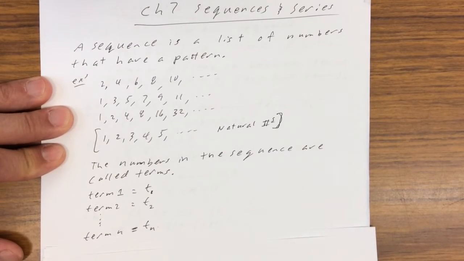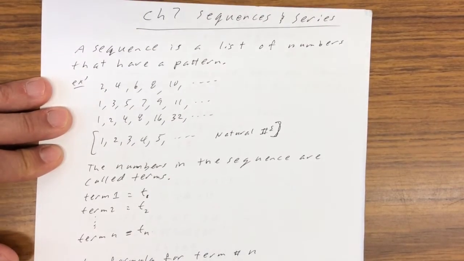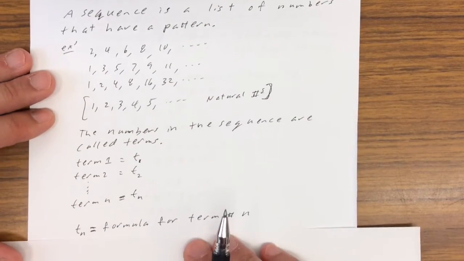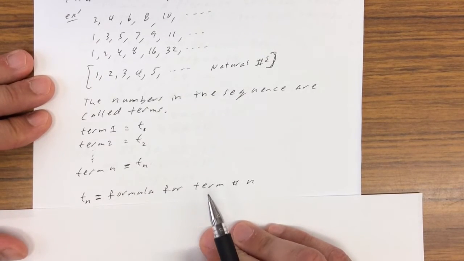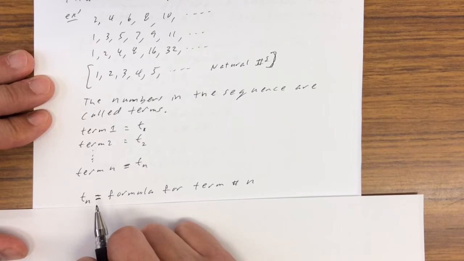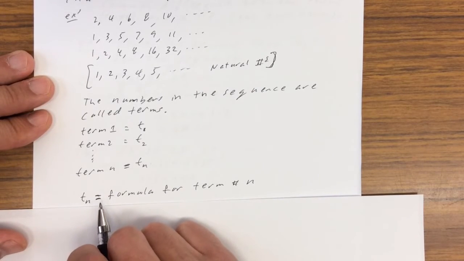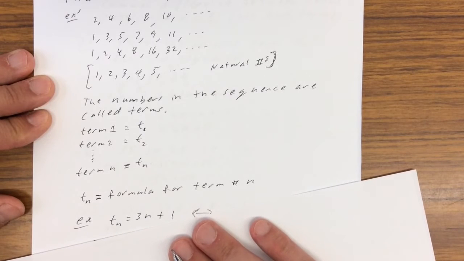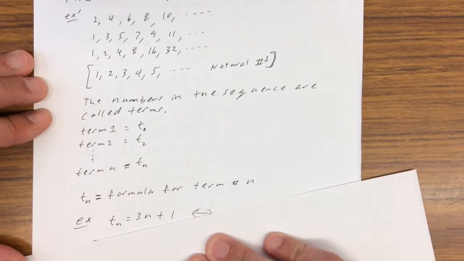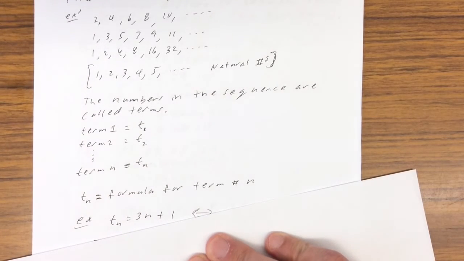Now, the formula for the sequence is going to be called Tn as well. So that tells you how to calculate the nth term of a sequence, this formula that you get. So for example, here is a formula for Tn: 3n plus 1. So 3n plus 1 is the formula for that term.